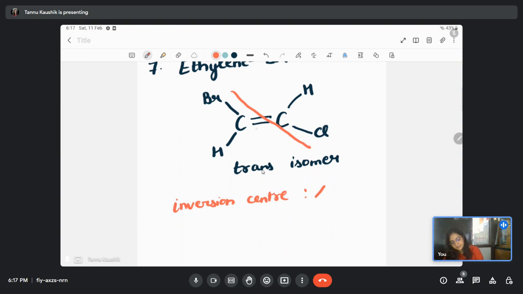So we'll have a C2 axis like this passing between these bonds.